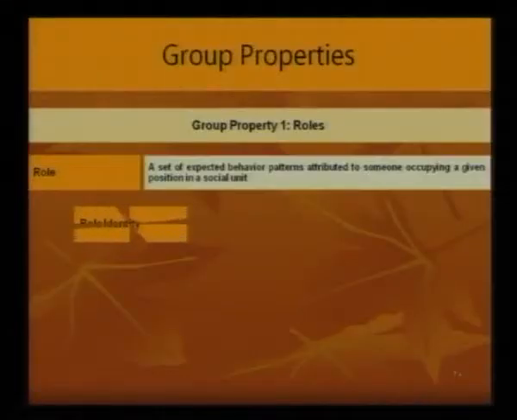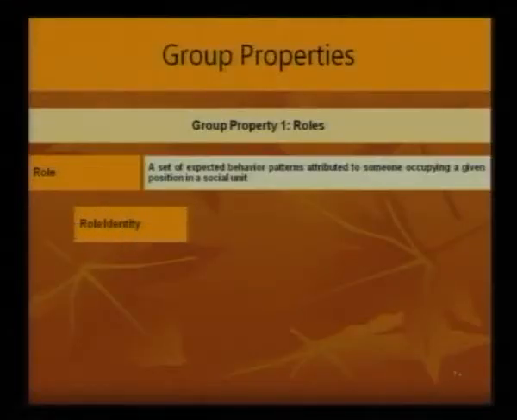Now, again, when we talk about a rule here, we are talking about a set of expected behavior patterns attributed to individuals. Of course, this individual is a member in a group, and this behavior pattern is expected by the group members. Now, when you talk about the rule, there are some points that we need to discuss. One of those is rule identity.